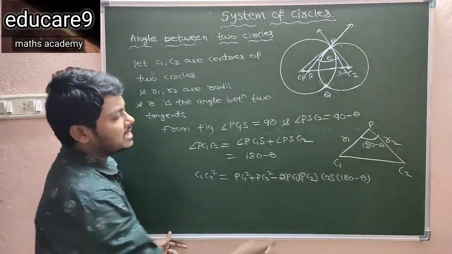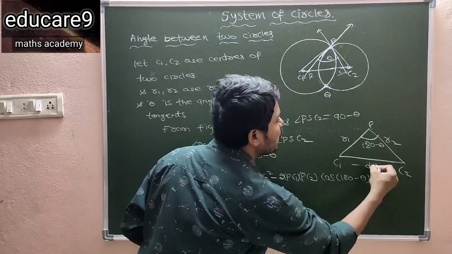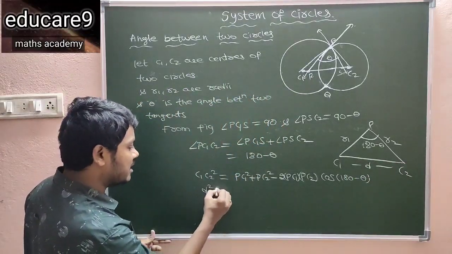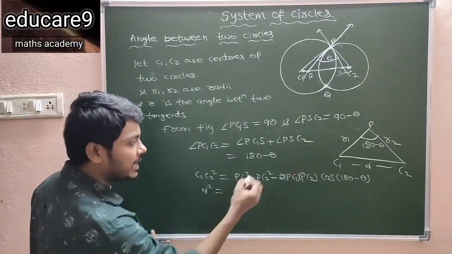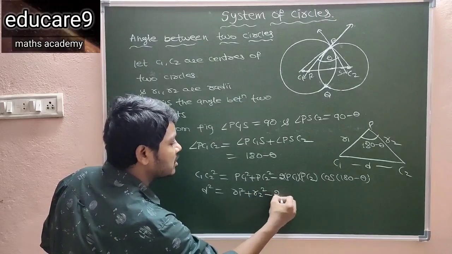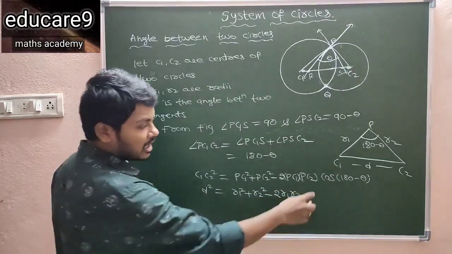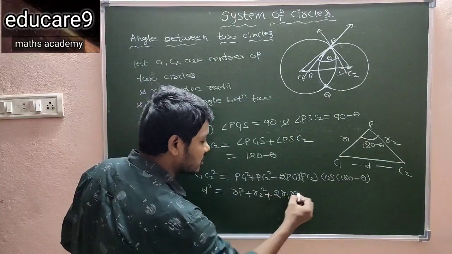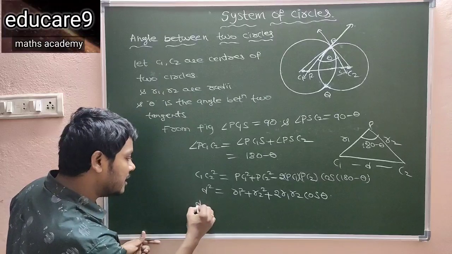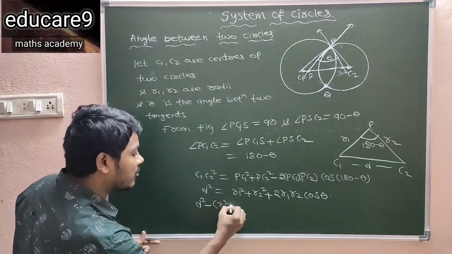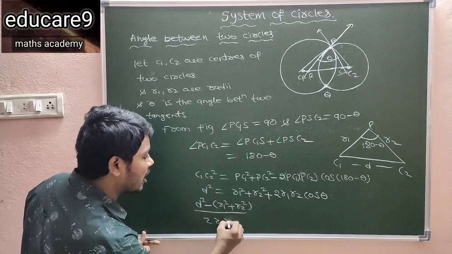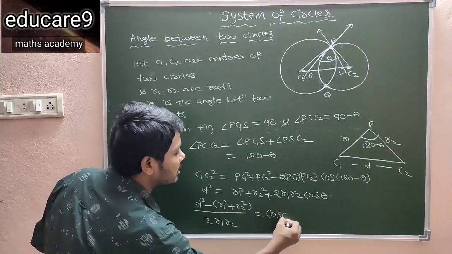Okay. So clearly C1C2 is the distance between the centers of the two circles. See here, this is d square is equal to, what is PC1 square? That is the radius of the first circle, r1 square plus r2 square minus 2 r1 r2 cos of 180 minus theta. Minus cos theta, you will get plus cos theta. So from this, d square minus r1 square minus r2 square, divided by 2 r1 r2, is equal to cos theta.